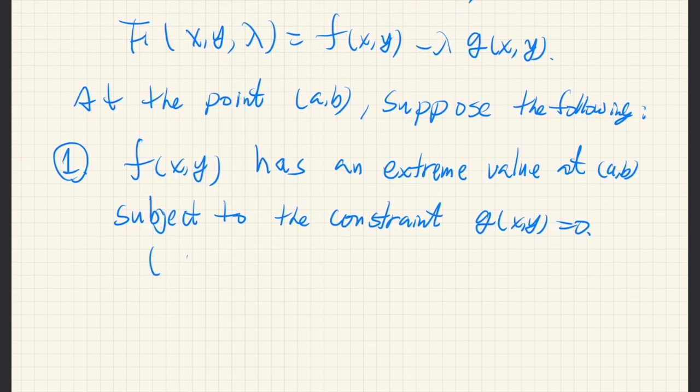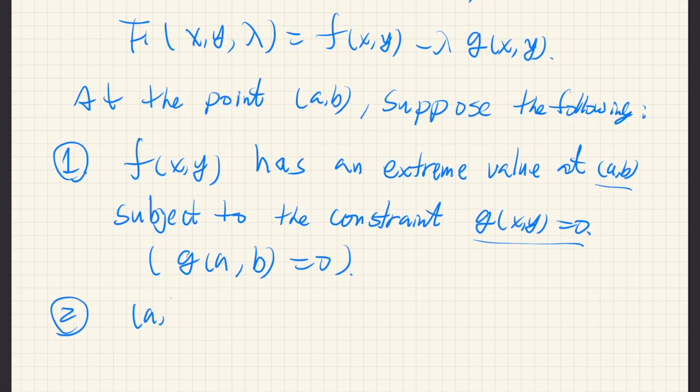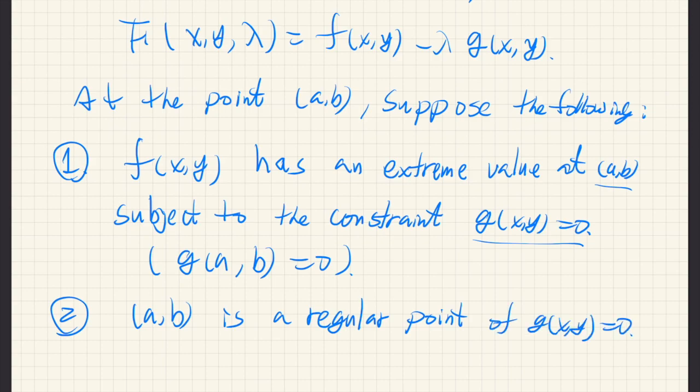Since this is satisfied at this point, that means g of a, b is equal to 0. And second, the point (a, b) is a regular point of g of x, y equal to 0.